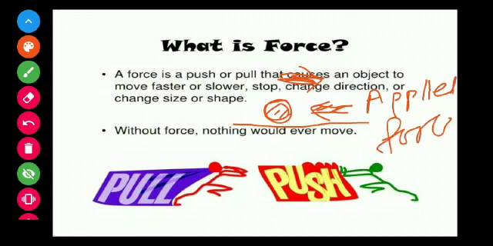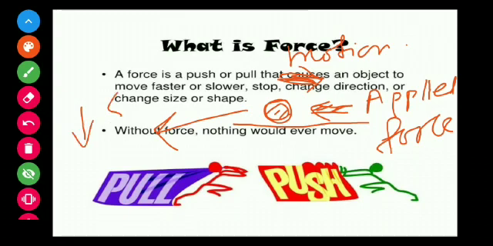If we apply a force in the opposite direction of motion, in such a case there is a decrease in speed of the object. That is, we can change the speed with the help of applied force.